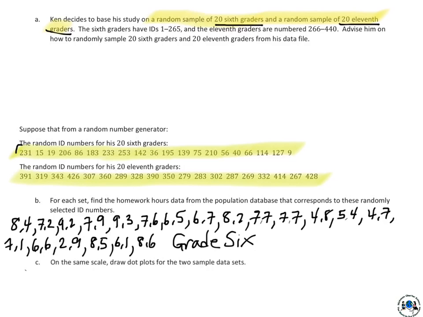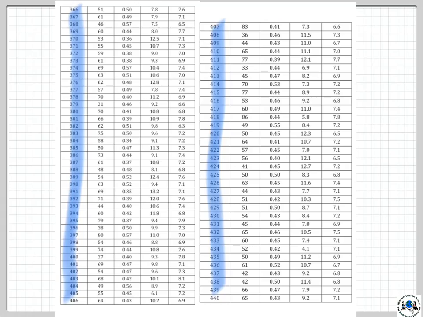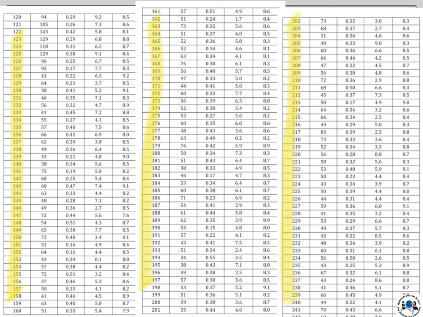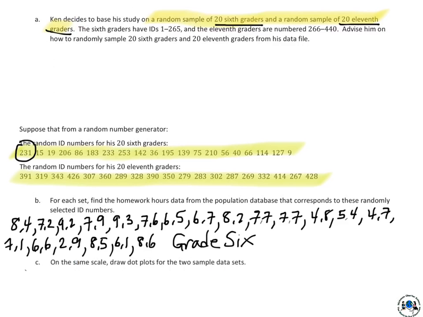If we circled this, there we see that's number 231 for a 6th grader. If we go back, we would see that 231 was right here. And then we're talking about the hours of homework, and his is 8.5, and you can see that appears right here.